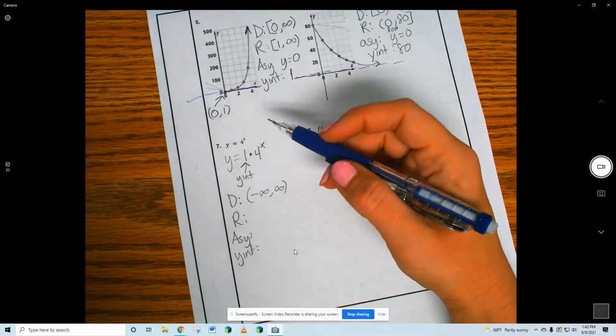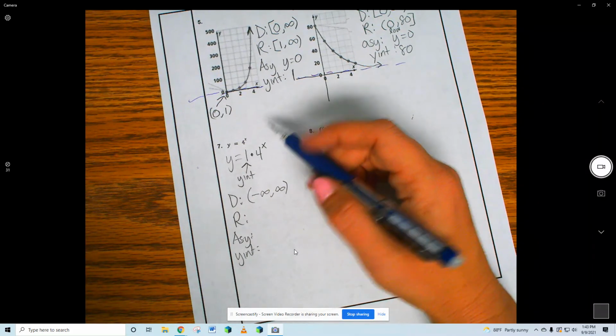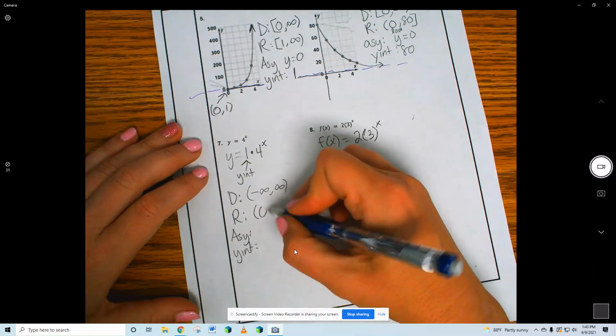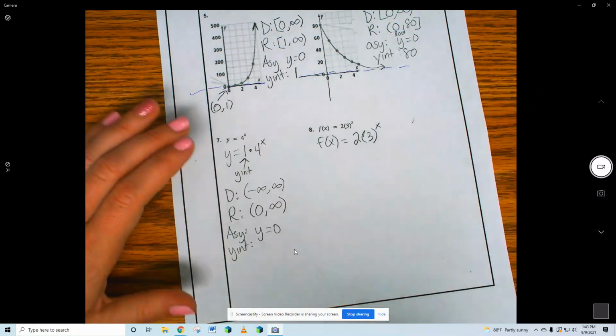I didn't draw the graph because I want you to be able to. If it's just a typical normal equation, then everything's the same. 0, infinity. Asymptote, y equals 0.